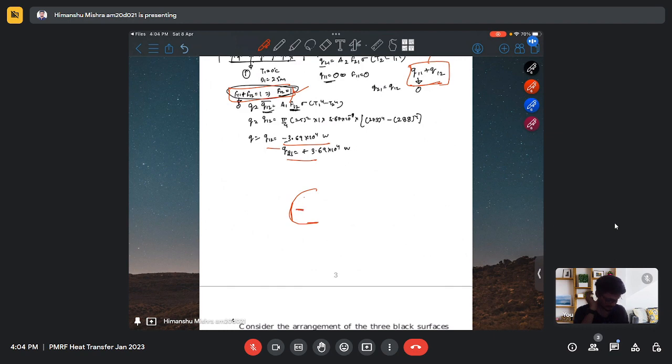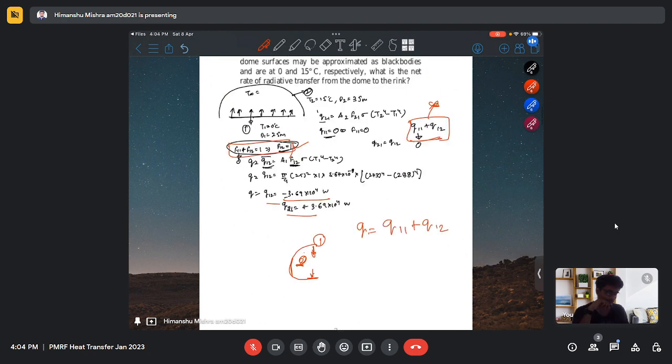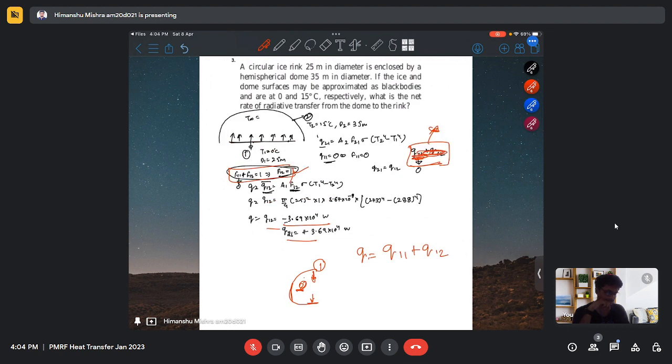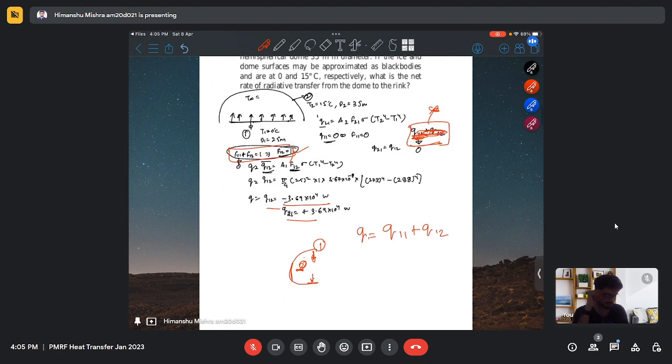Let's say this is my surface 1 and this is small surface 2. So here the heat transfer from surface 1 can be written as Q11 plus Q12, because the radiation from surface 1 will be received by surface 1 also. Yeah, I should not write like this. So basically the total radiation is just from Q12 or from Q21.